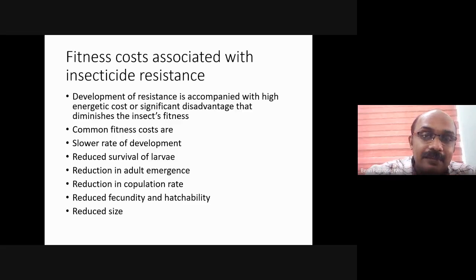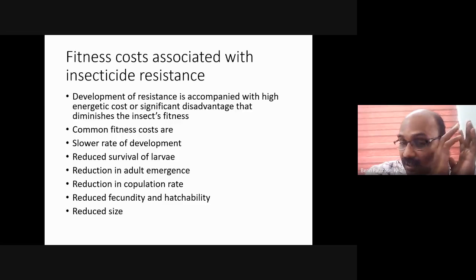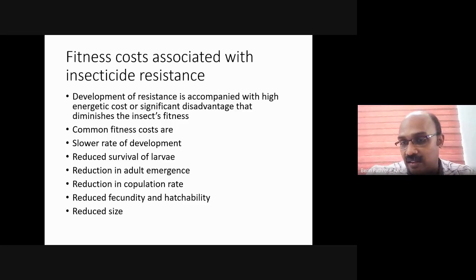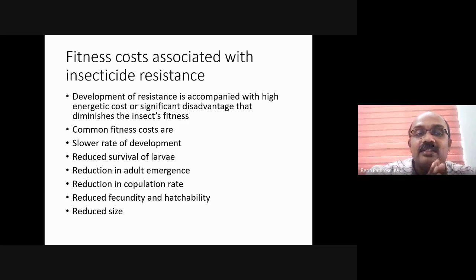And that adverse impact we call fitness cost. That means some disadvantage that the insect will incur because of the development of insecticide resistance. It will affect the survival ability of the insect. So that is called fitness cost.